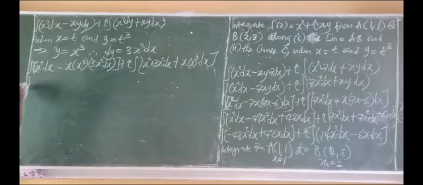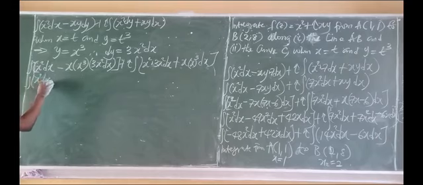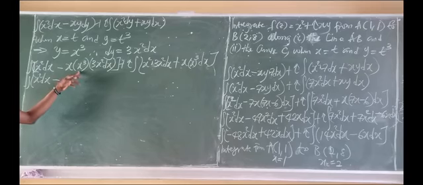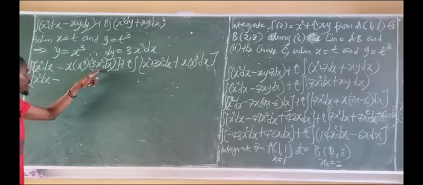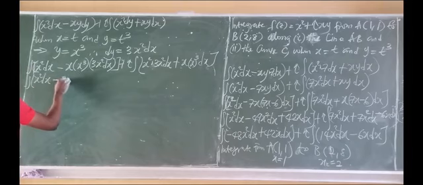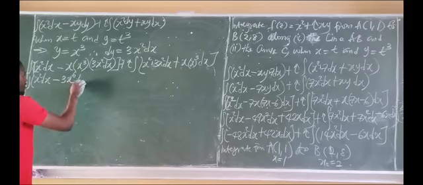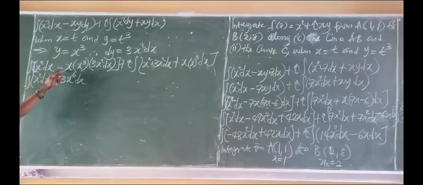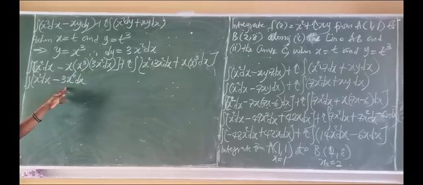This becomes the integral of x squared dx minus x times x to the power of 3, which gives us x^4, times 3x squared, which gives us 3x^6 dx. x times x cubed is x^4. x^4 times 3x squared gives us 3x^6 dx.